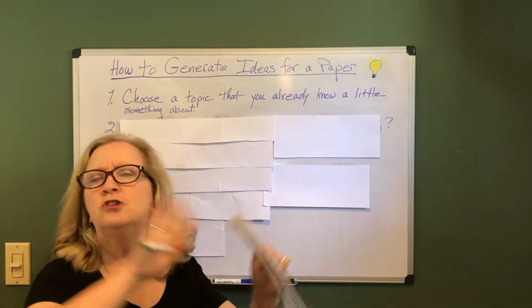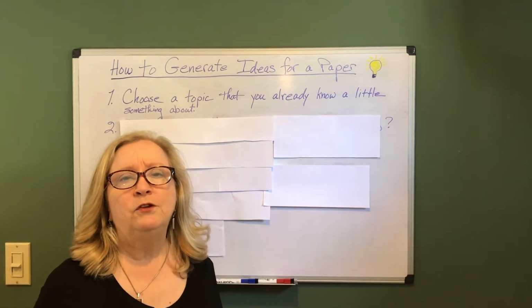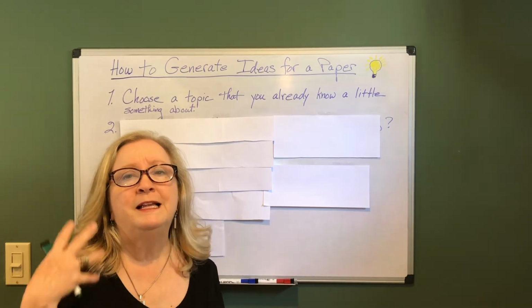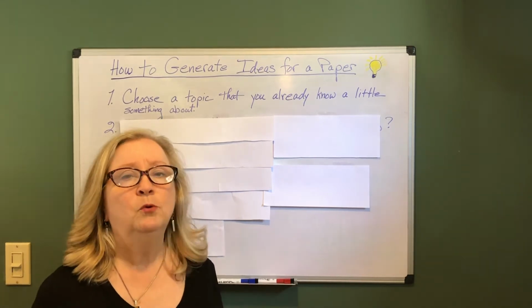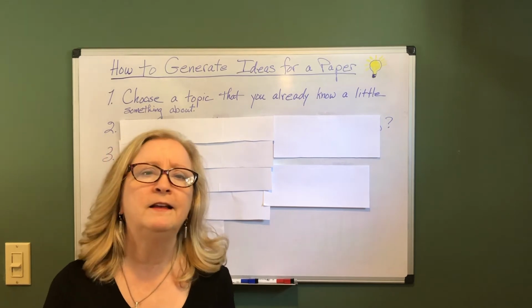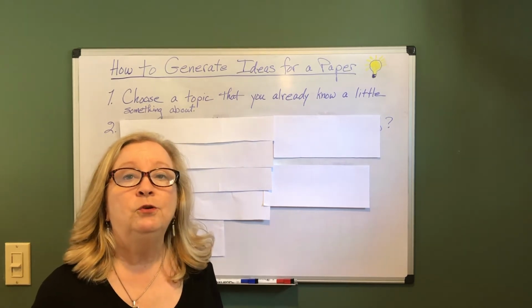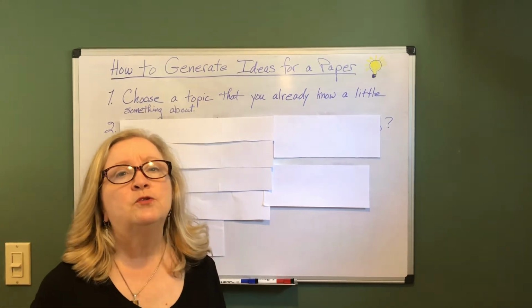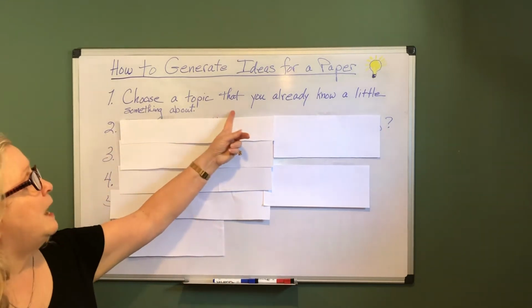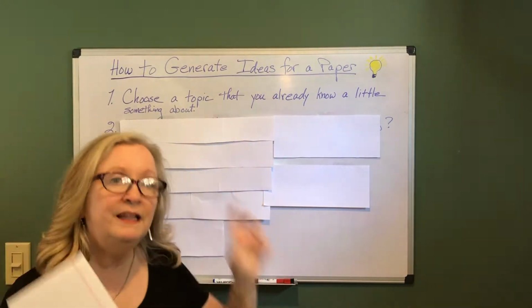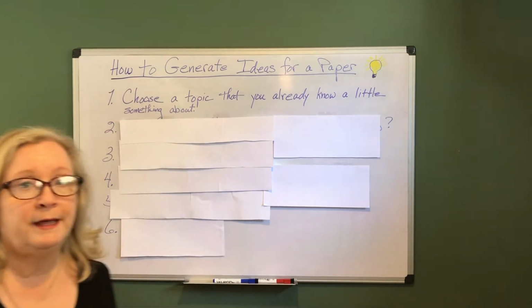Some topics are so darn big that if you don't know anything about them, you're going to be like swimming in the deep, dark end of the pool. You can't see anything. You can't recognize something when you touch it, and you wouldn't know where to put it. So it's really best to start with a topic that you already have a little bit of knowledge about, okay?